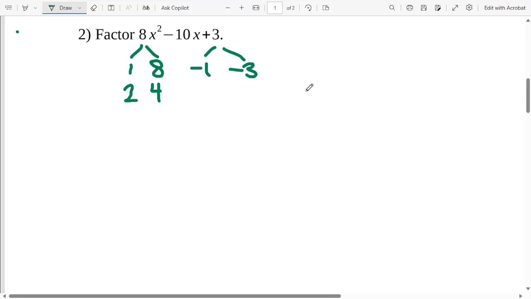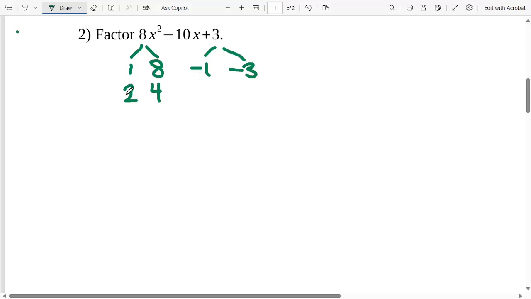Okay, so got to look at the combinations that might work. So 8 times negative 1 is negative 8, plus 1 times negative 3. That gives me negative 11, which is close, but close isn't good enough. I do 8 times negative 3, that gives me negative 24, which is far away. So let's move to 2 and 4. If I do 4 times negative 3, I've got negative 12, and then add that to 2 times negative 1, that gives me negative 14.